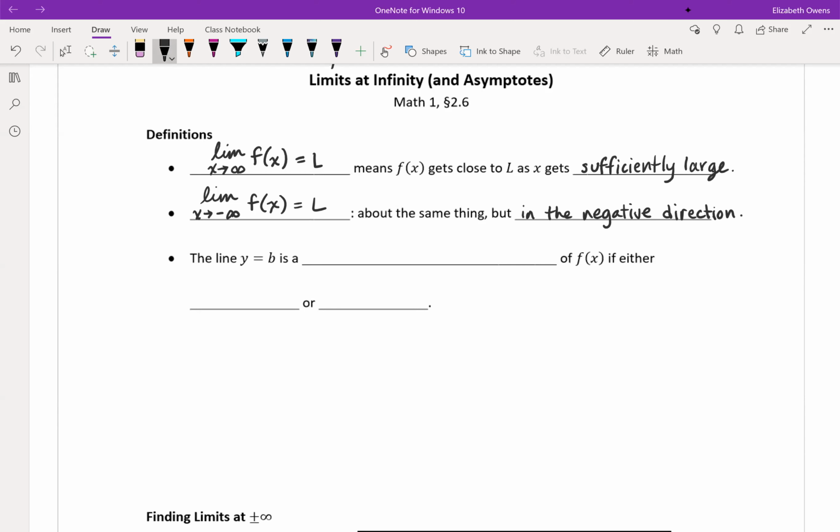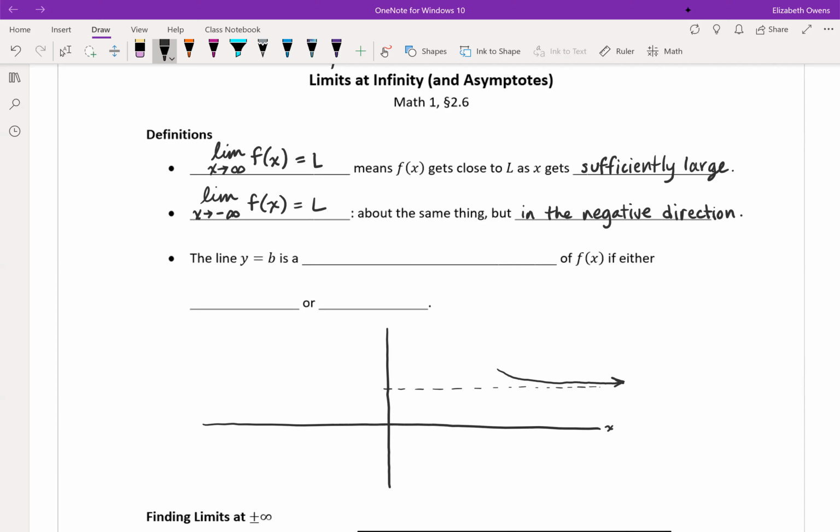So we might have something like this graphically. Okay, here's x. And as x gets sufficiently large, the function is going to approach a constant. So our function kind of flattens off and approaches some constant value.